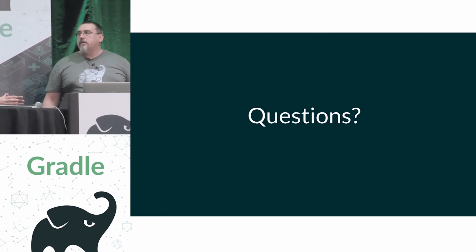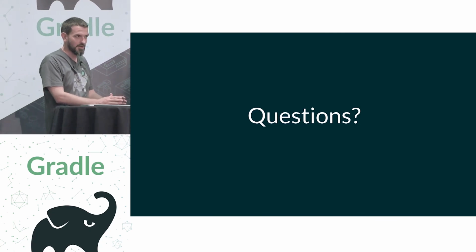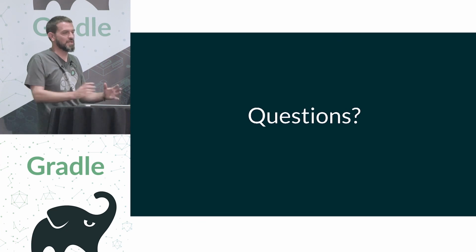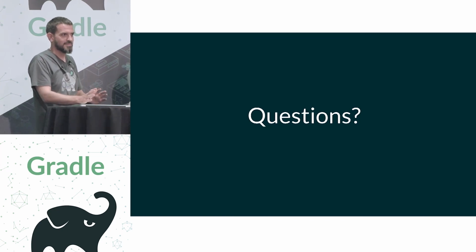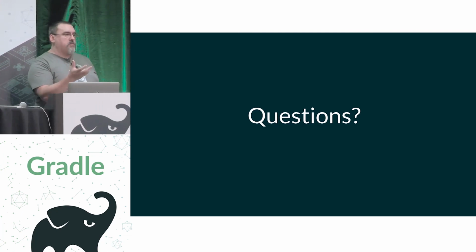The example I showed started from a task that was using Java exec that is not using the worker API. So that was the starting point. And then you don't get any parallelism by default and so on. And then the question of whether we could use that for exec as well: the answer is no. It's really a replacement for Java exec.